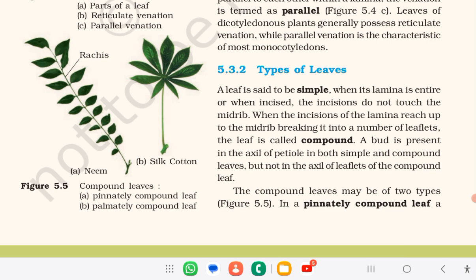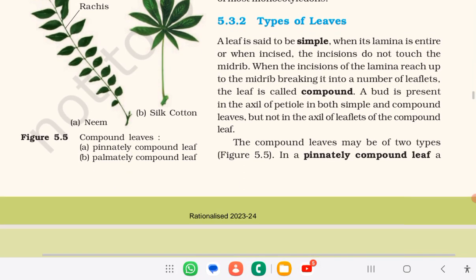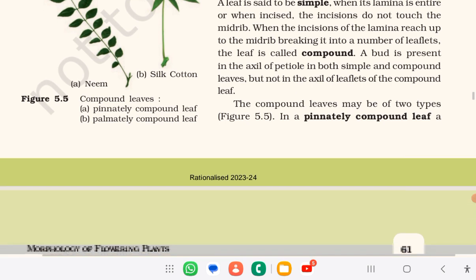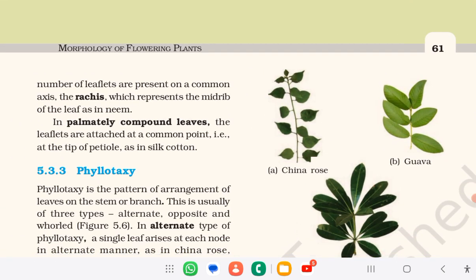In a pinnately compound leaf, a number of leaflets are present on a common axis, the rachis, which represents the midrib of the leaf, as in neem. In palmately compound leaves, the leaflets are attached at a common point, that is, at the tip of the petiole, as in silk cotton.